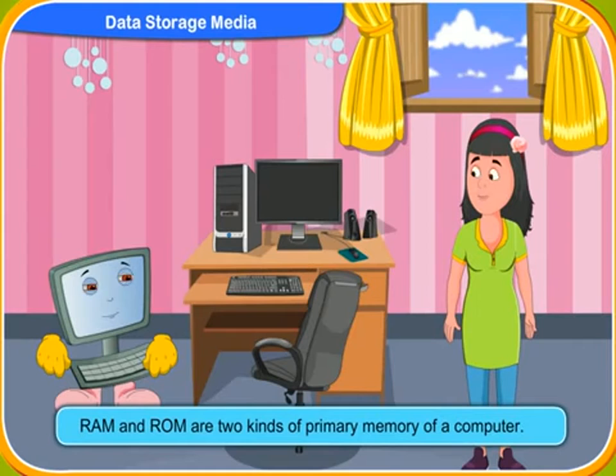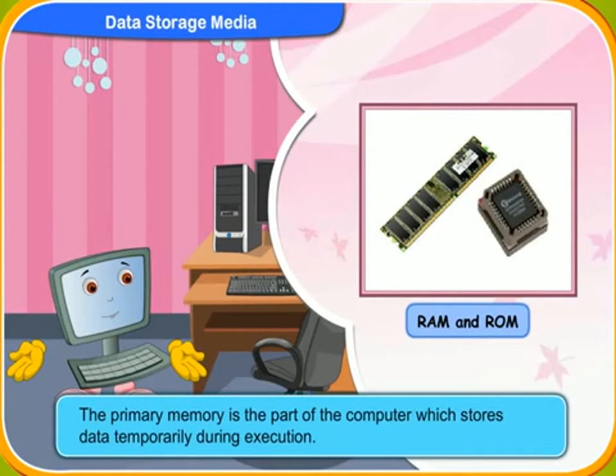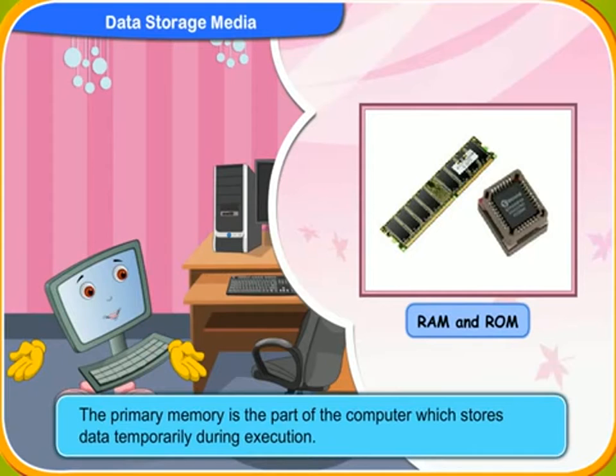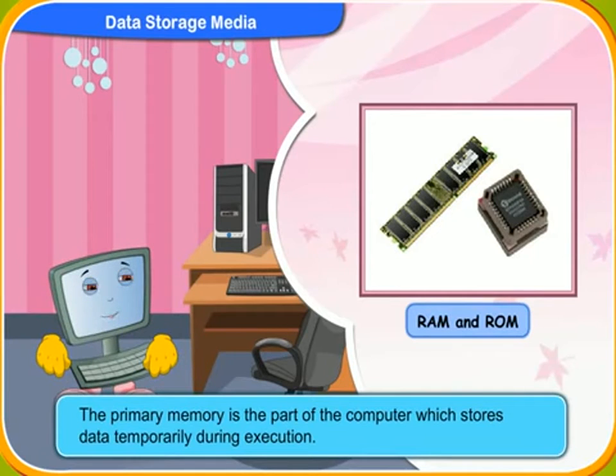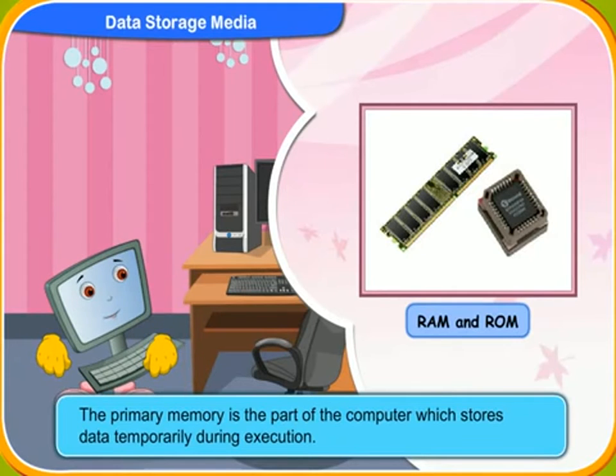RAM and ROM are 2 kinds of primary memory of a computer. Correct, Rennie. The primary memory is the part of the computer which stores data temporarily during execution. The computer's primary memory lets us know about the amount of data that a computer can store in it.